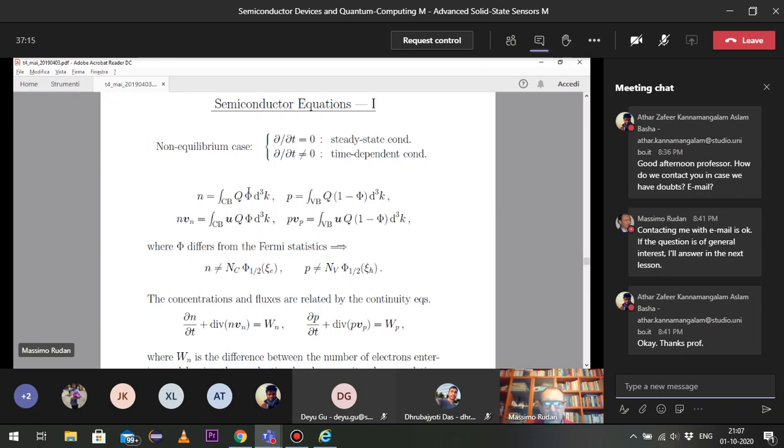P is the integral over the valence band of Q times 1 minus phi, and the average velocities are given by the expression that you already met a few lessons ago.